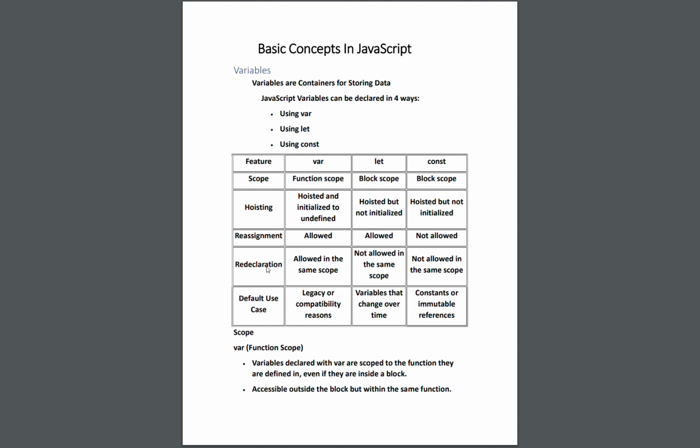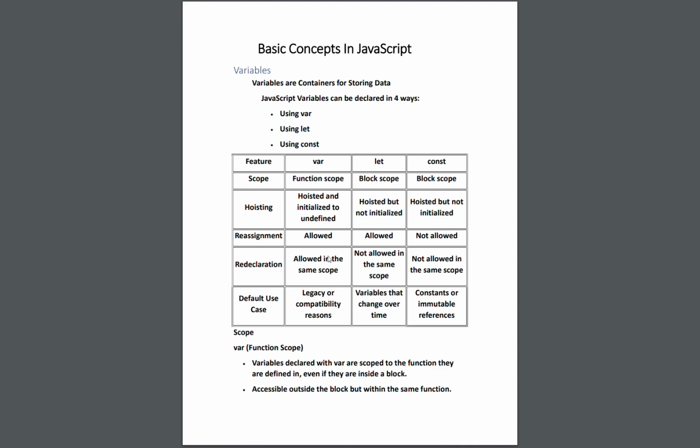In redeclaration, var allows redeclaration in the same scope, but let and const do not allow redeclaration in the same scope. So we can use var, let and const in different ways. In modern JavaScript, we can use let in place of var.